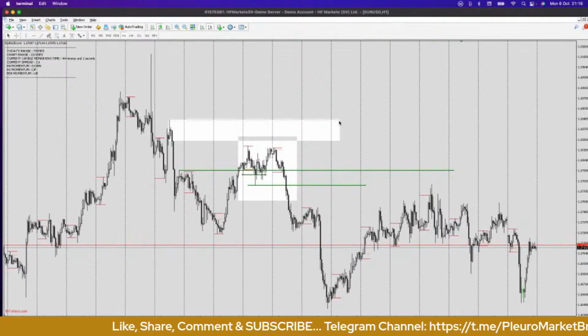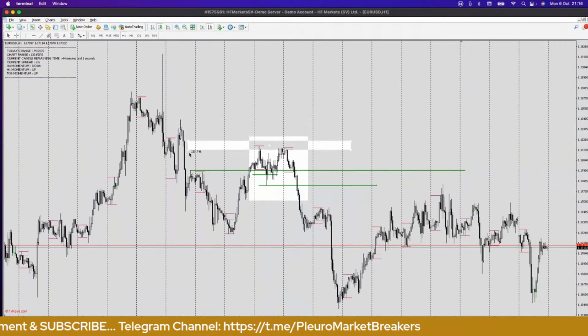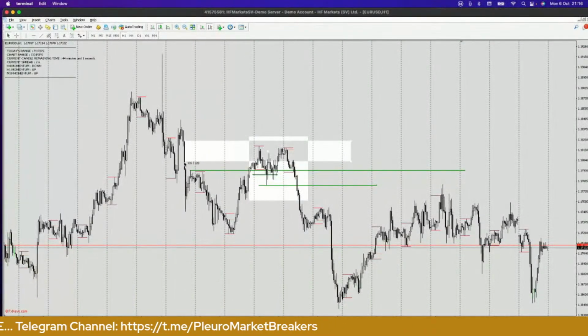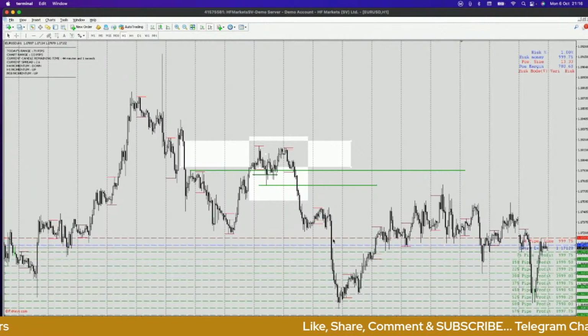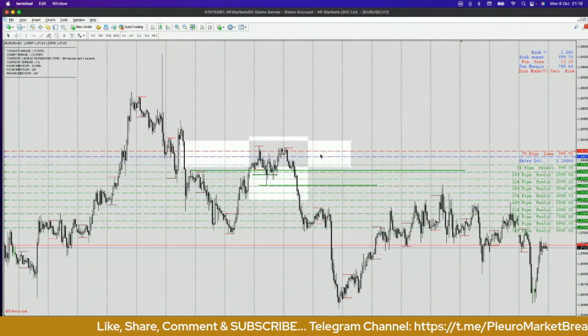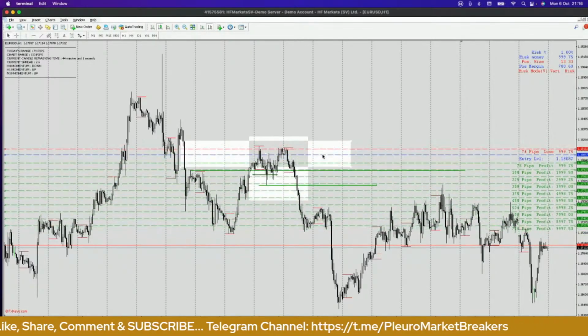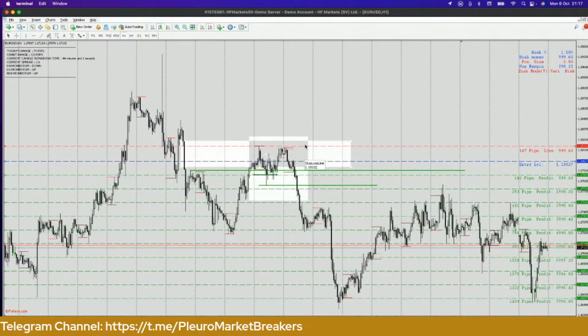So it is going to be this fair value gap here. That is what we call a fair value gap. You would literally wait for price to come back in here and engulf. This happened in Asia, so it's a trade I wouldn't have taken.